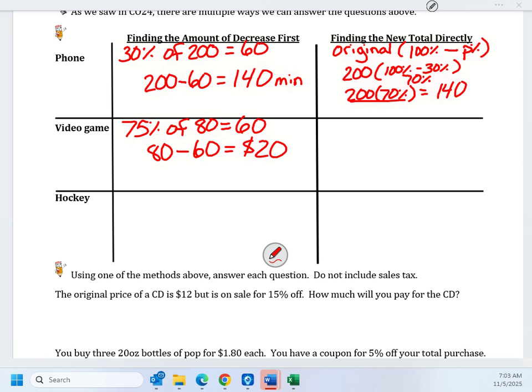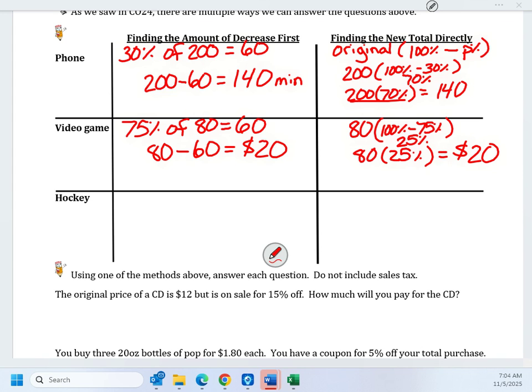So if we look at doing the new total directly, we take our original amount of $80 and we're going to multiply that by 100% minus 75%, which is 25%. So 80 times 25%, and we get the same cost of $20.